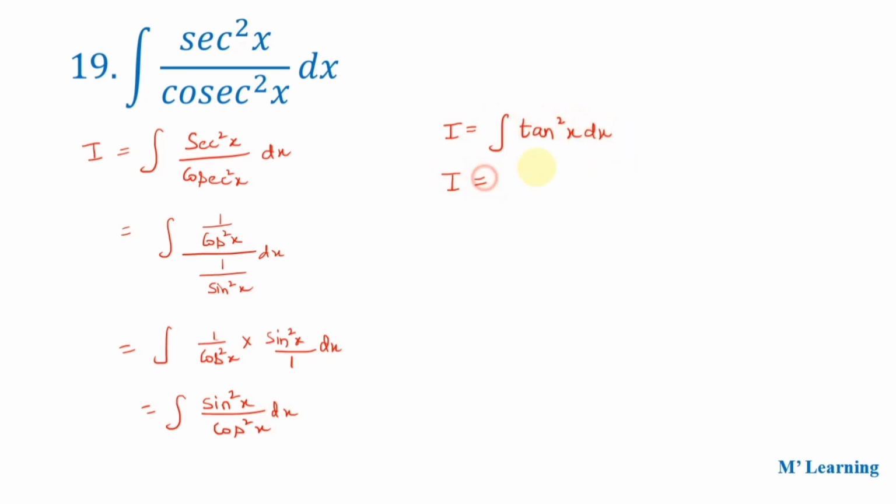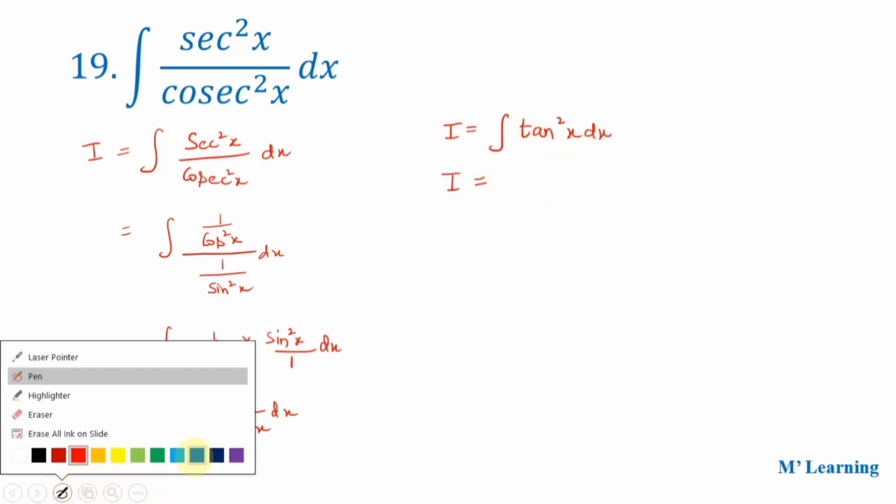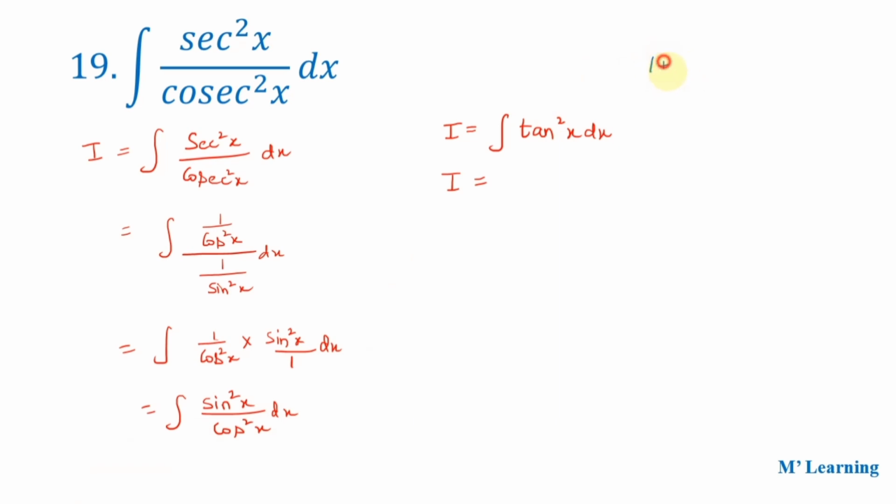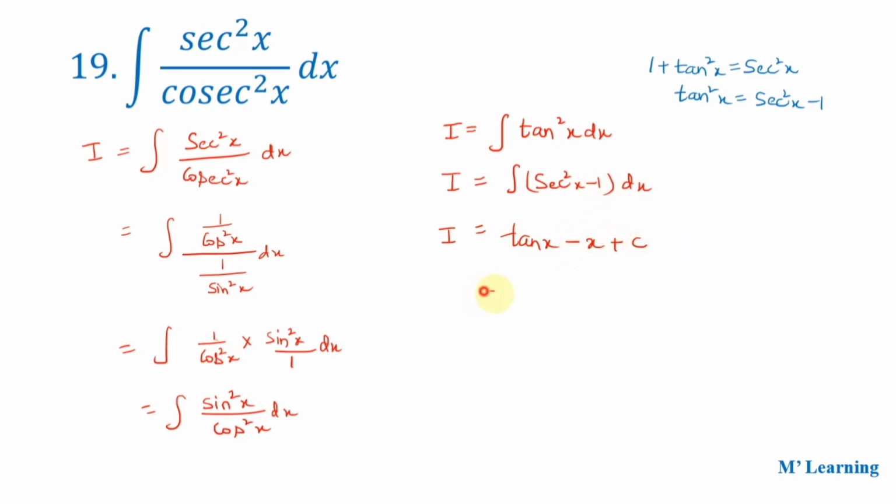Now we don't have a direct formula for tan square x, so we'll use the identity you know from class 10, that 1 plus tan square x is equal to sec square x. So tan square x can be written as sec square x minus 1. Instead of tan square we'll write sec square x minus 1 dx. In the previous question we saw the integration of sec square x is tan x and the integration of 1 is x plus c. So the answer is tan x minus x plus c.